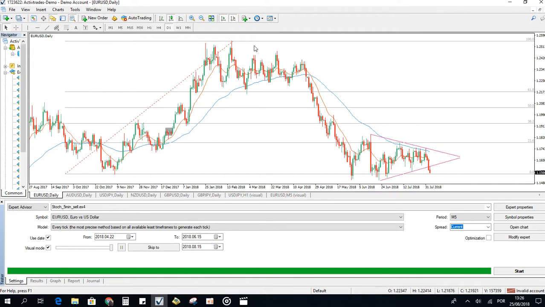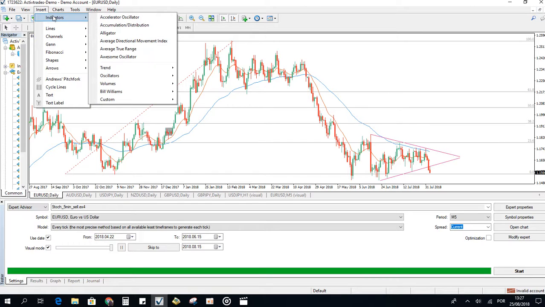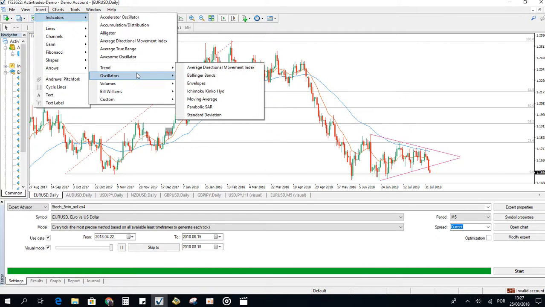So this is MetaTrader, the platform that I mentioned before, and it's a very complete platform. It has many features, like indicators. If you trade using indicators, it's possible to use all this list of indicators.